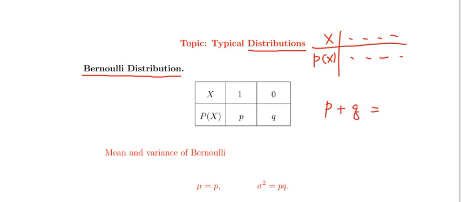For each distribution, we want to find two important numbers, mean and variance. So let's check the mean and the variance of this 1-0 distribution. We have this result: mean is equal to p, and variance sigma square is equal to pq.